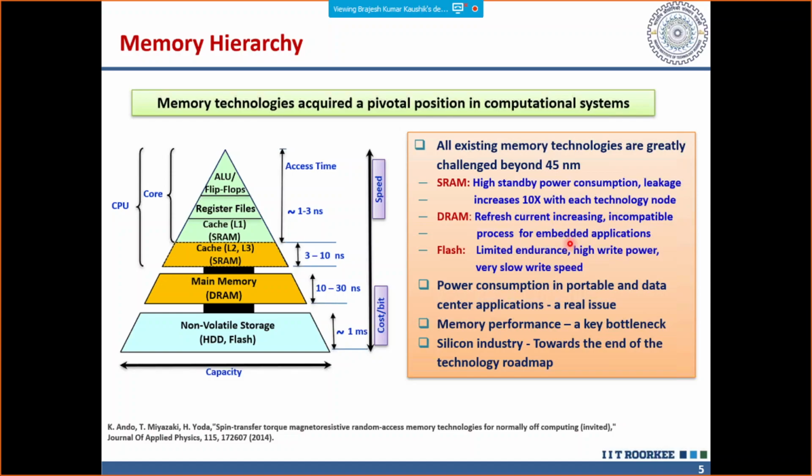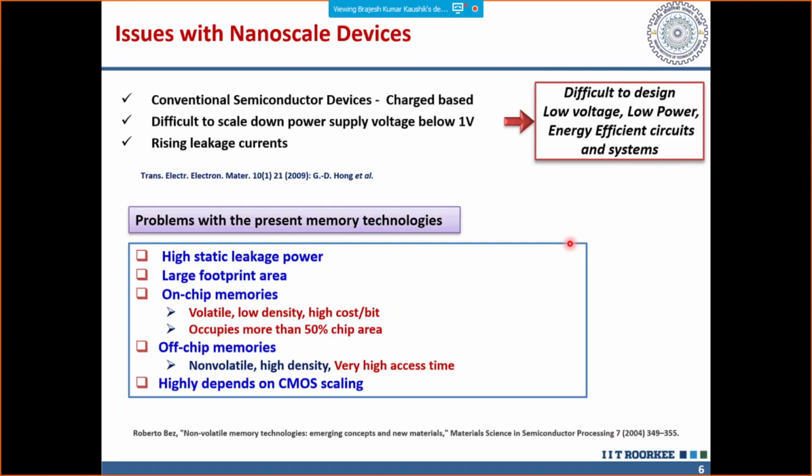But these memories consume huge power, and therefore the silicon industry is considered to be towards the end of its technology roadmap, because of huge power consumption and certain other issues as well.